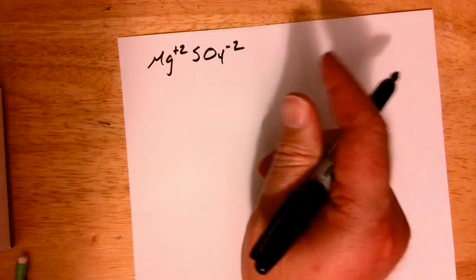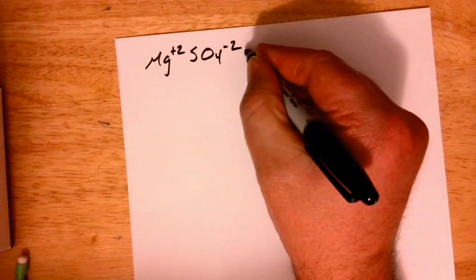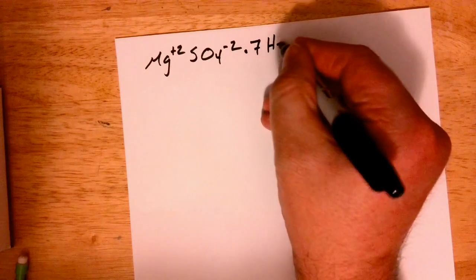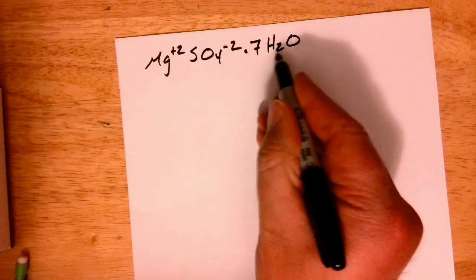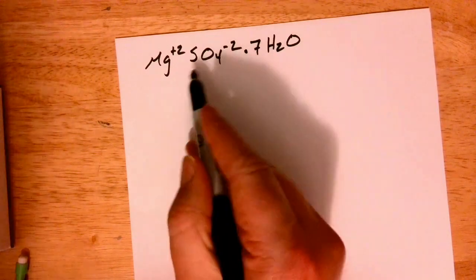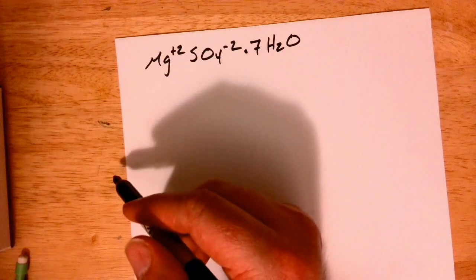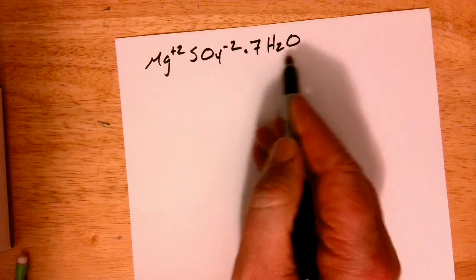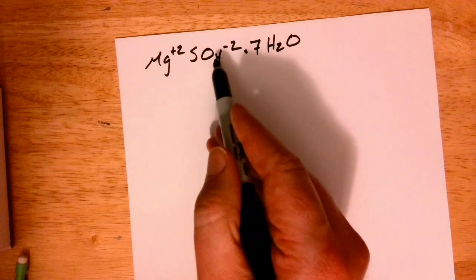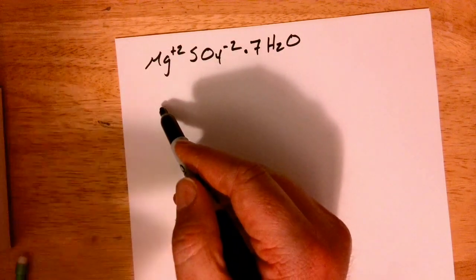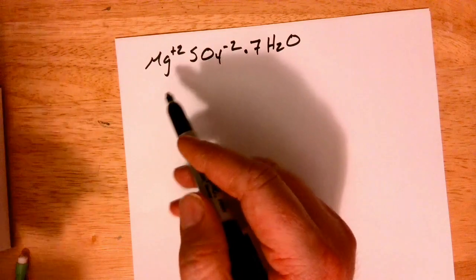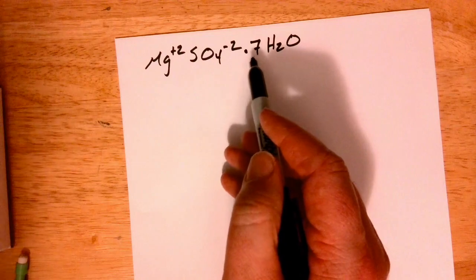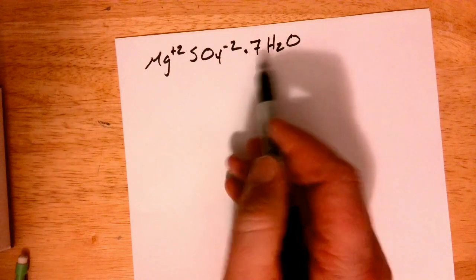But heptahydrate is a hydrated compound, which is a dot 7 H2O. Hepta means 7, hydrate means water. Even though it has 7 water molecules for every 1 magnesium sulfate, this is still a solid. The stuff that you might have at home for Epsom salts, that's this whole compound right here. So even though it's a dry solid, there are 7 water molecules attached to it.